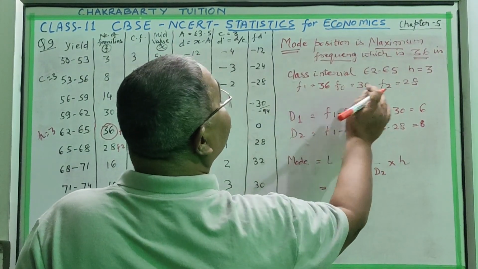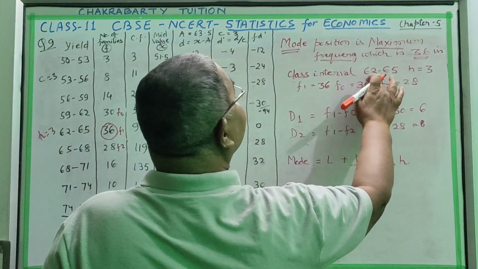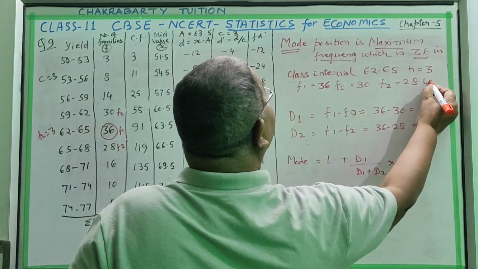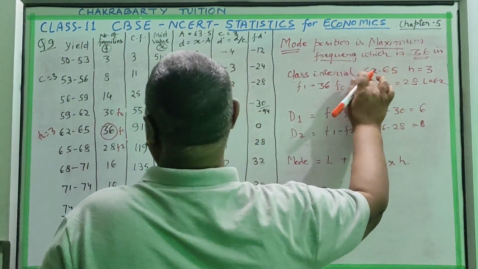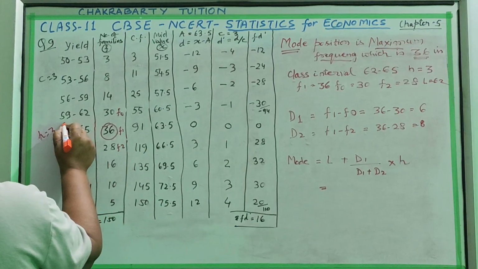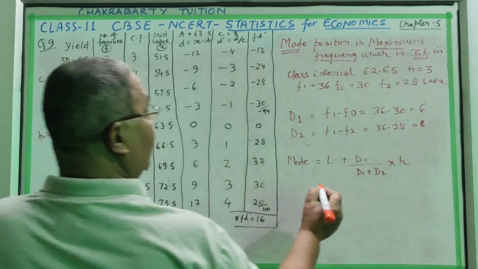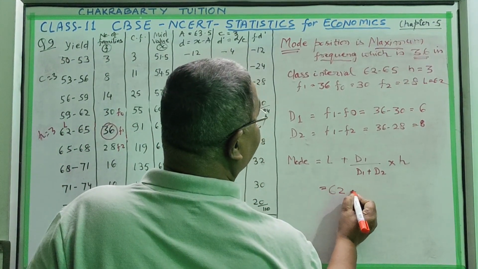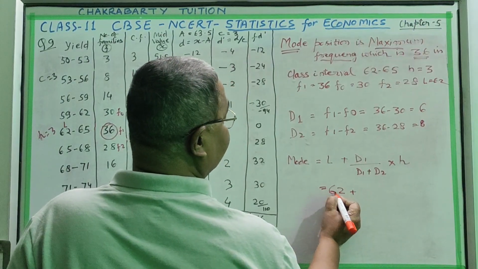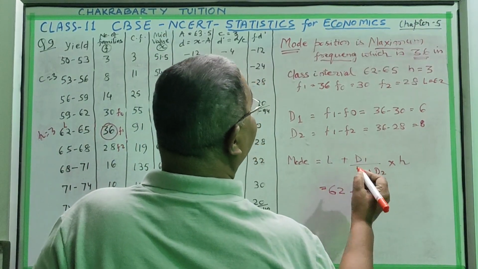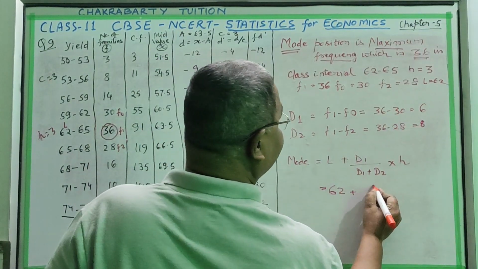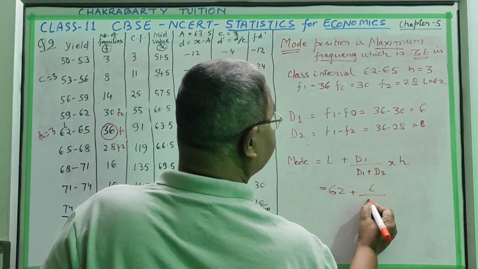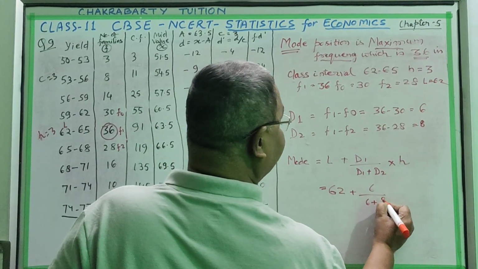So L is here, L is 62. We have written it here also. This is your L, L is 62, the lower class limit. Then D1 you have calculated as 6, and D1 plus D2 you have calculated as 14.